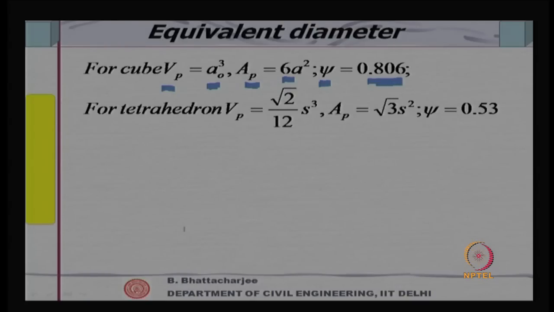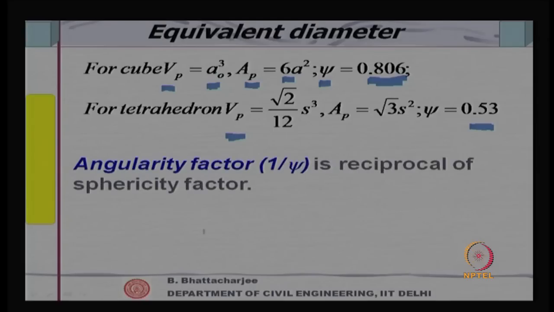So the sphericity factor comes out to be 0.806. For a tetrahedron, this value is 0.53. You can show it similarly.